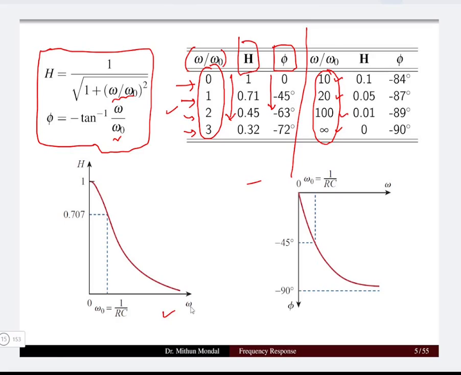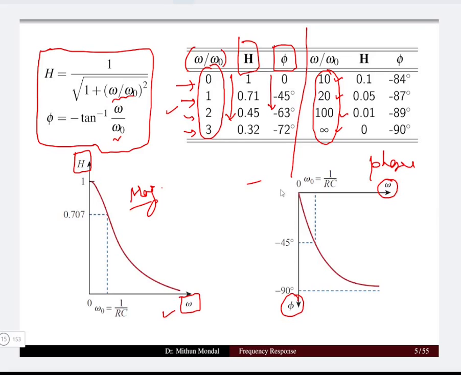So when we plot the frequency response, on the x-axis we will have the frequency, which is denoted by omega, and on the y-axis we will have the amplitude given by H. So this is known as the magnitude plot. If I want to plot the phase, I will have the omega on the x-axis, that is the variation of the frequency, and the phase phi on the y-axis.